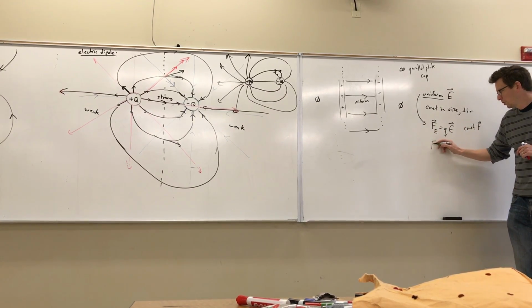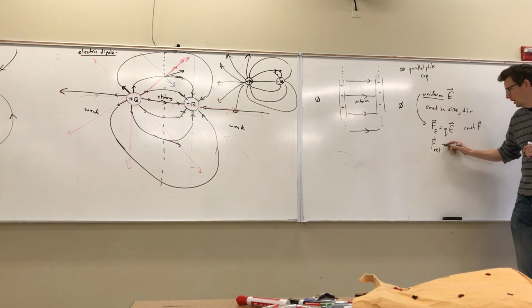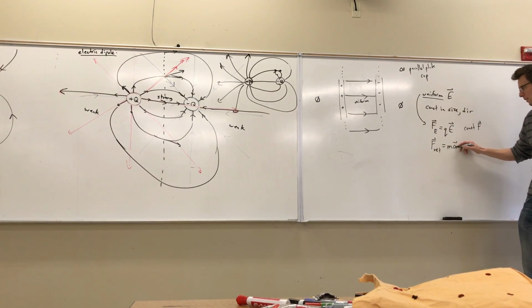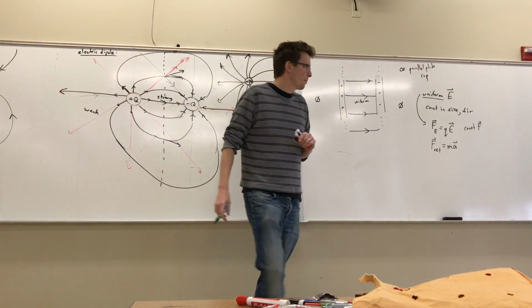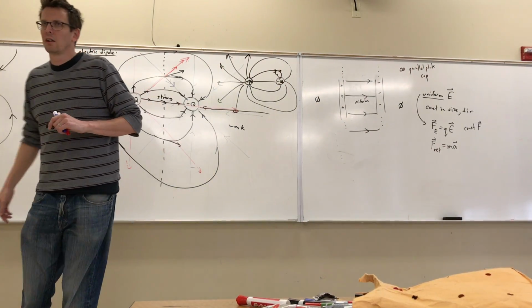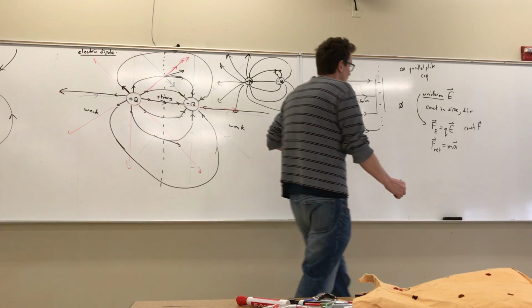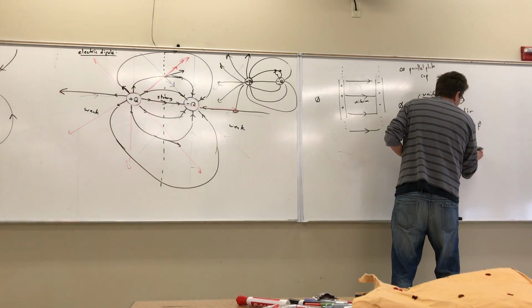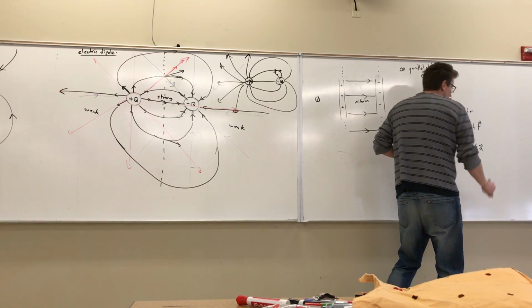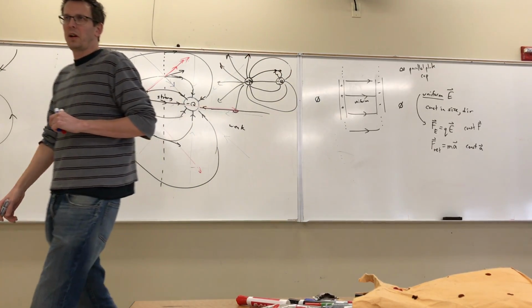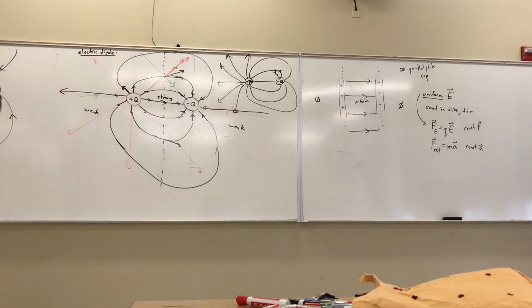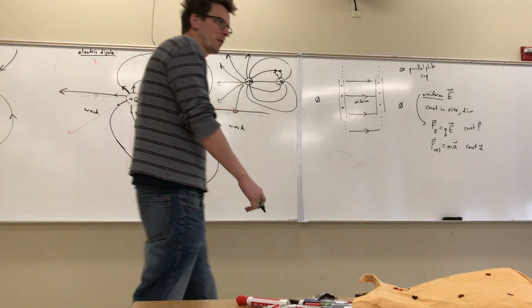And then we go to F net equals ma, and if we assume that the electric force is the only force, what does that mean about the acceleration? Constant. And if you have constant acceleration, then you have access to a series of equations called what? Constant acceleration equations.